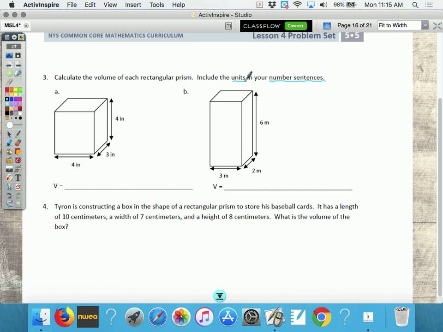So pulling a stick, Jesus, tell me what to write on this one. 4 inches. Let's do the width and height. 3 inches. 4 inches.